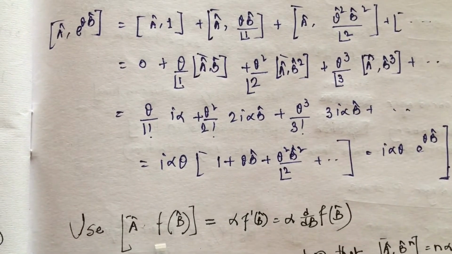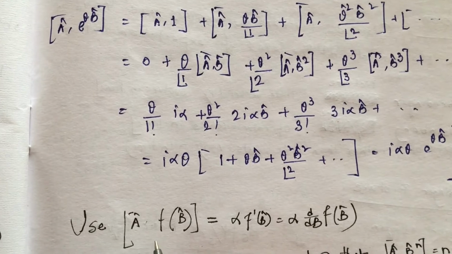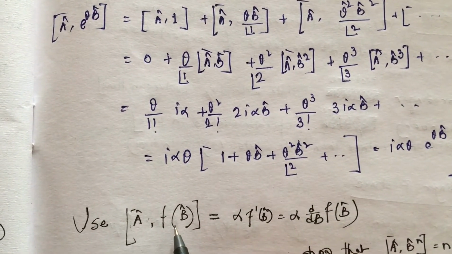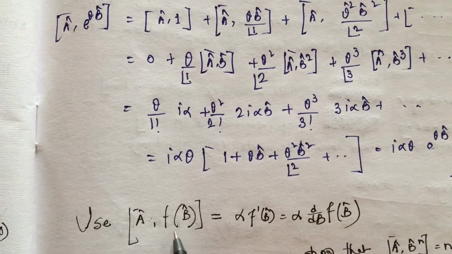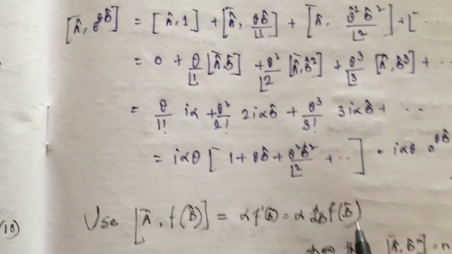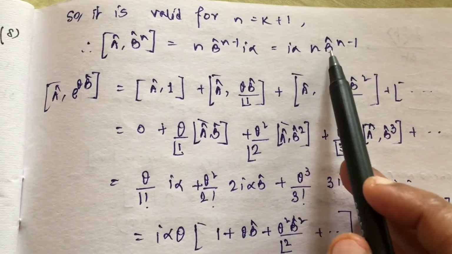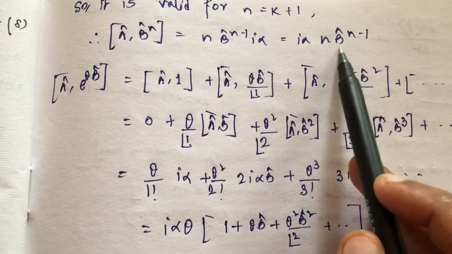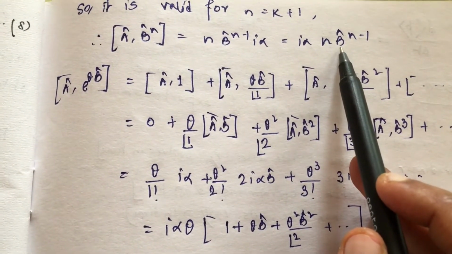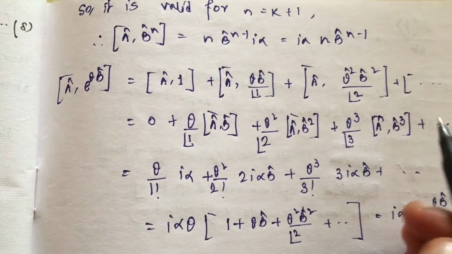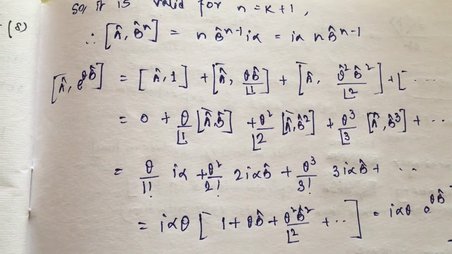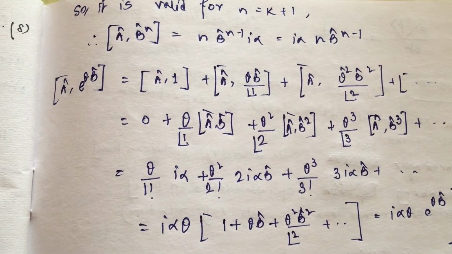So using this, the commutation relation of the A operator and a function of the B operator, now this function being a polynomial of B, gives me this one, because n B to the power n minus 1 is something like making the derivative of this B operator, because we know if we do d/dx of x square, we will get 2 times x to the power 2 minus 1.